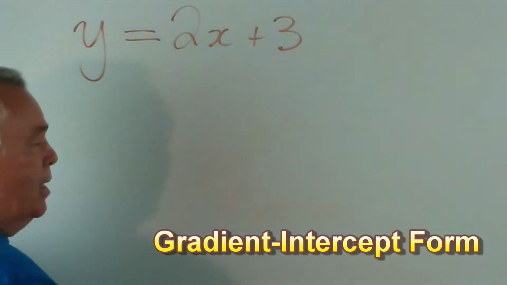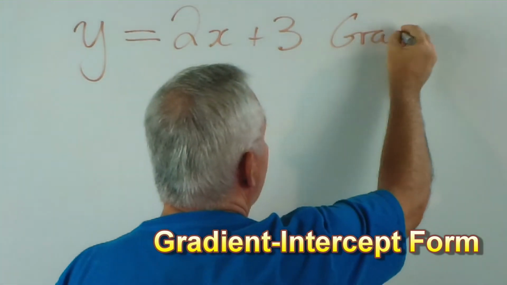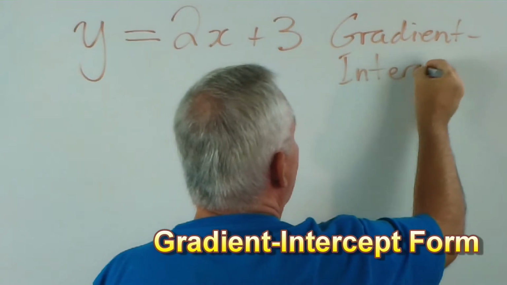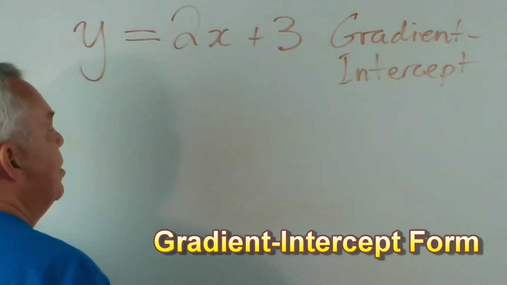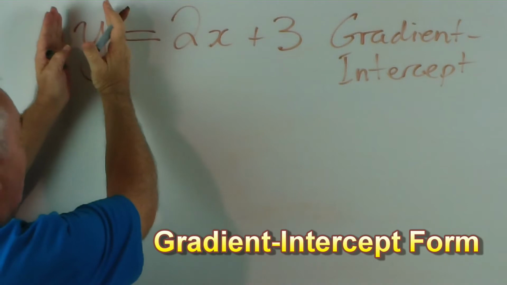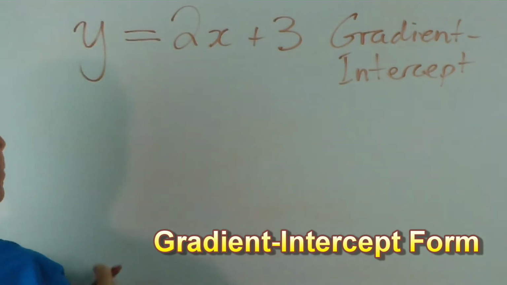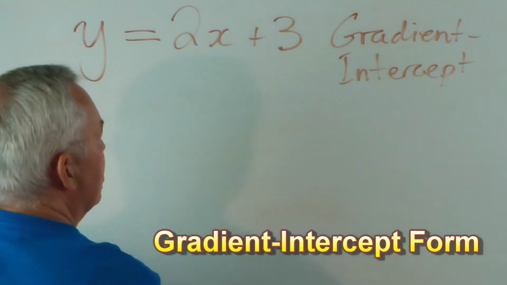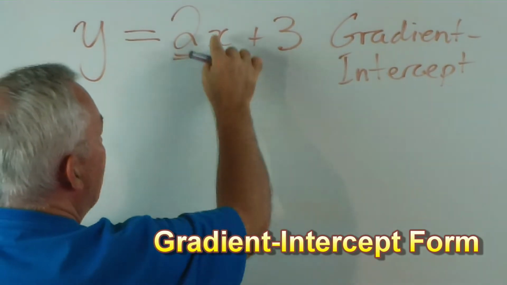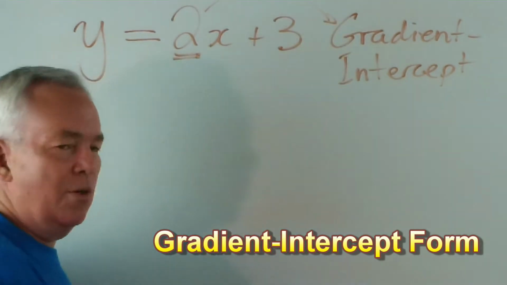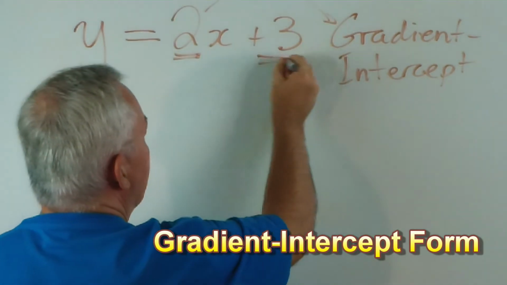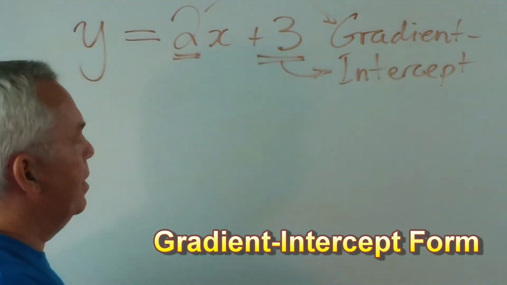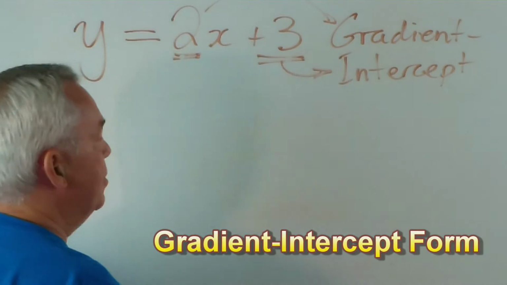This is called the Gradient-Intercept Form, simply because in this format, where we have y by itself on the left hand side of the equation and some coefficient times x plus some constant, the coefficient happens to be a measure of the gradient of the line and the constant is a measure of where the line intercepts the y-axis. So it's called the Gradient-Intercept Form because of these two values.